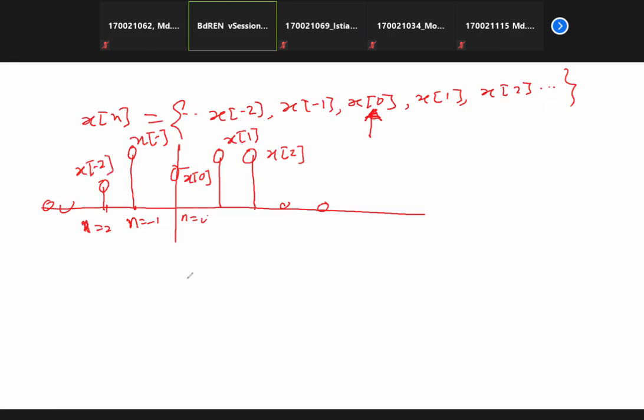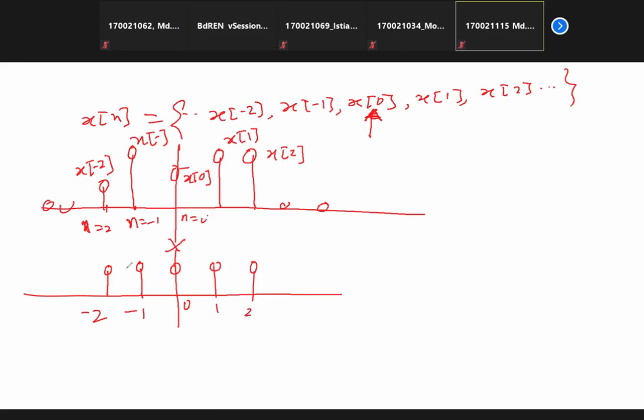Now tell me, if we have another sequence of unit impulses, with one at each of 0, 1, 2, minus 1, minus 2, and we multiply them together, will there be any change in your signal? No, because the amplitude is equal to 1.